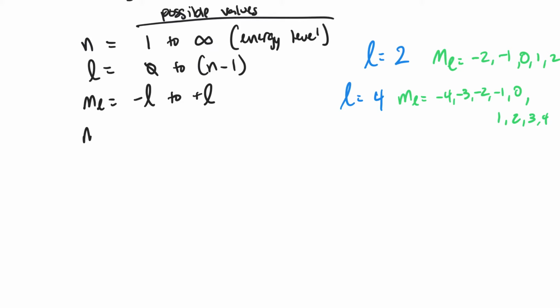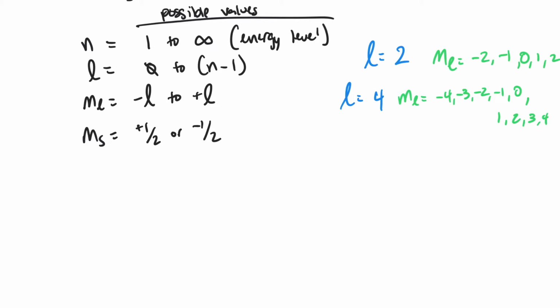And then M sub S can really only have two different values. It's either plus half or negative half. These are the values that the quantum numbers abide by.